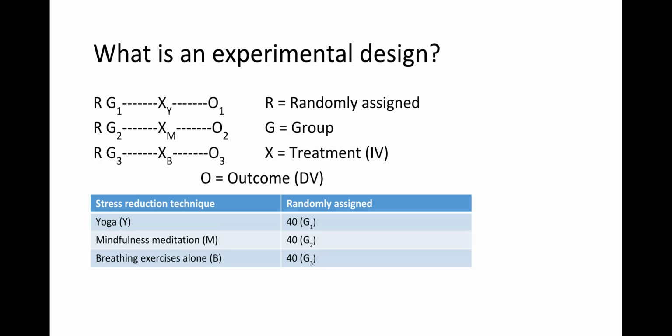Looks like 40 students are randomly assigned to the first, second, and third group. And then you develop some assessment to capture the stress level. You call it O. It includes instrumentation, etc.